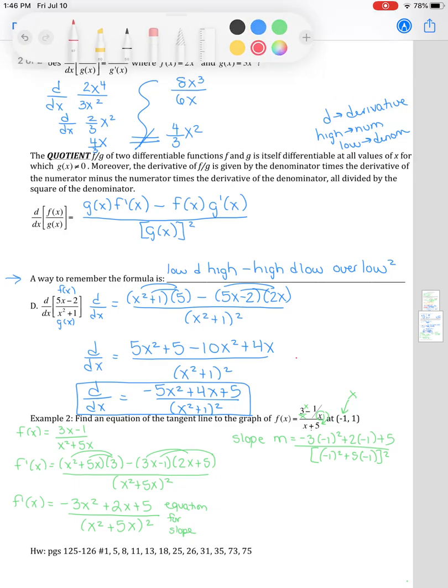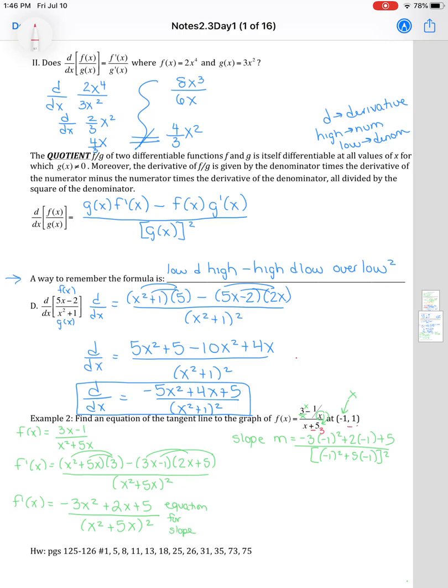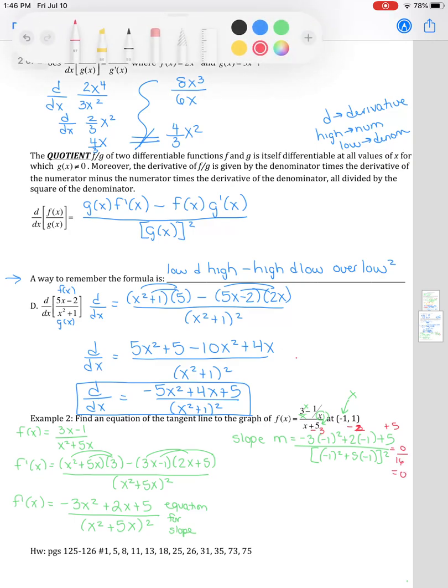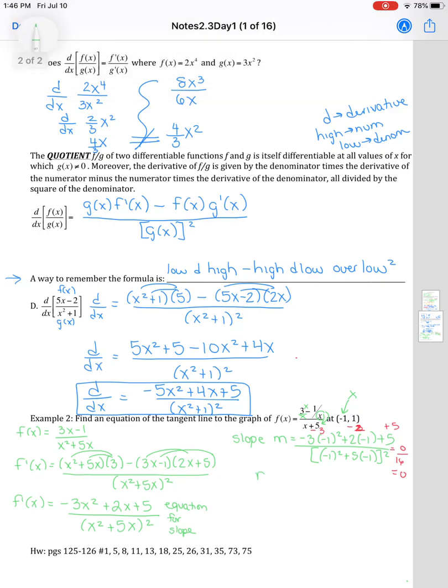In order to get the slope, you've got to actually sub it in. So now if we simplify here, this is negative 3, positive 5. Oh, sorry, this is negative 2, not 3. So that gets us 0 over 16, which is just 0. So our slope is equal to 0.